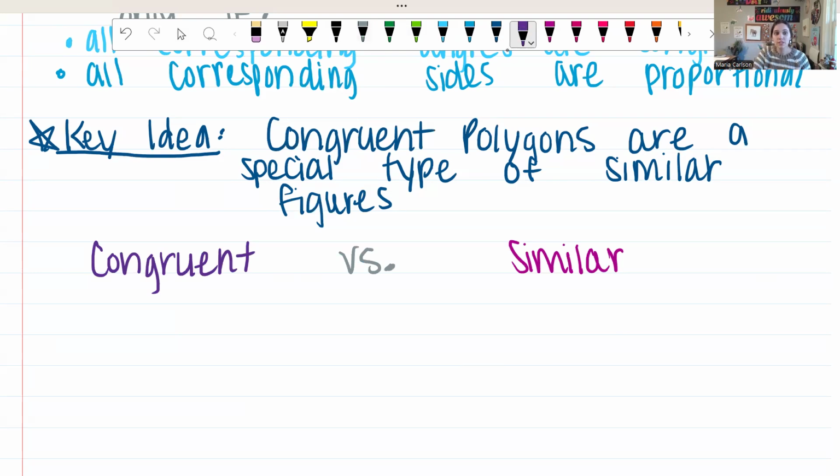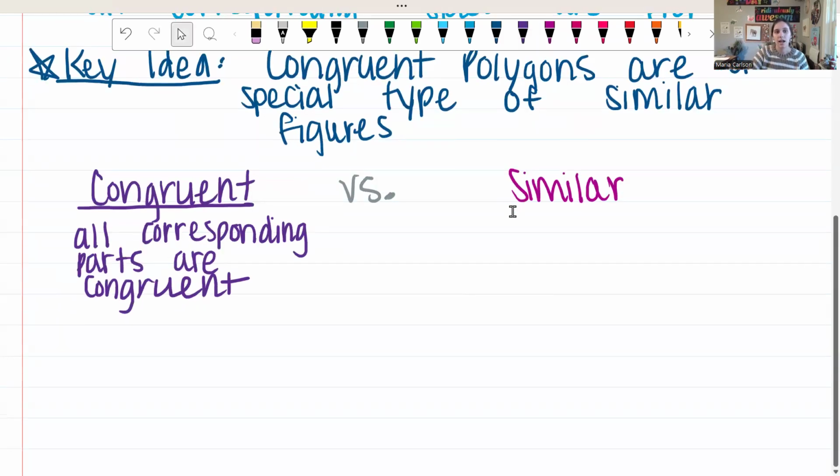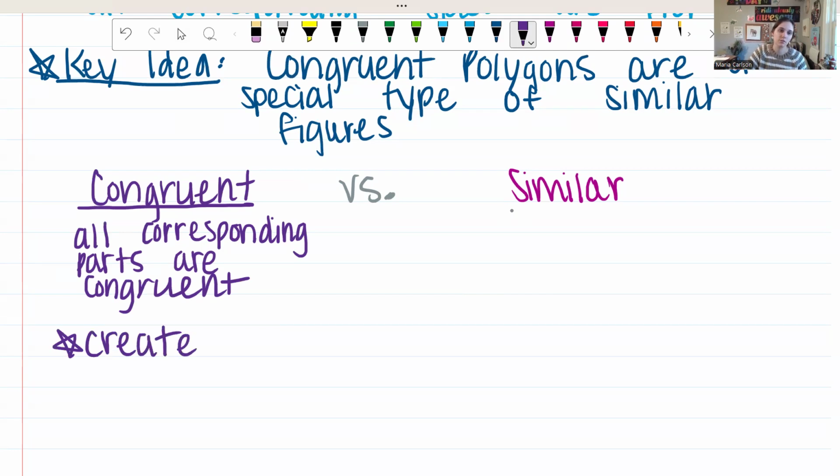Congruent shapes: all corresponding sides and angles are congruent, so all corresponding parts are congruent. And congruent figures are created by rigid motions.